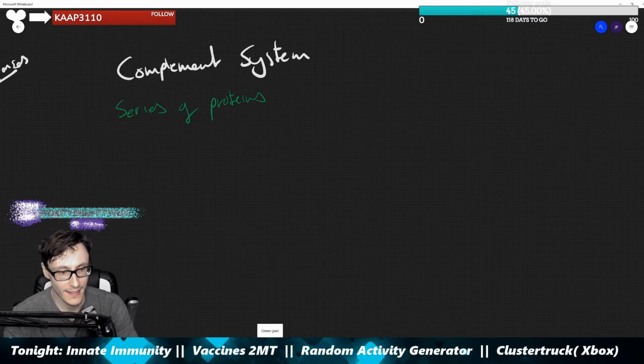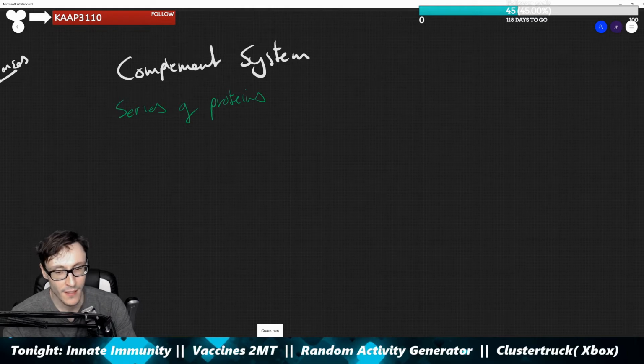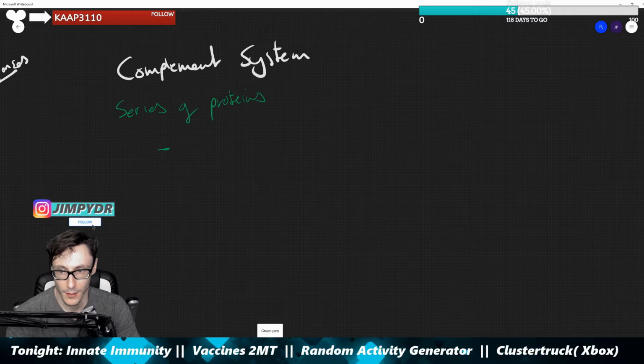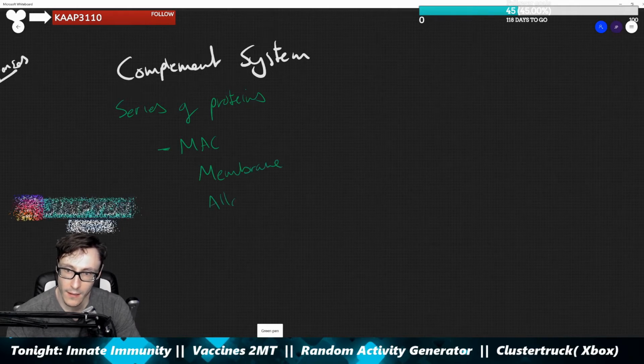A cascade, as I'll show you, is a very complex series of activations where one protein activates another protein that goes on and activates another protein, and so on and so forth. But the goal of the complement system is to form something called a MAC, which stands for membrane attack complex.